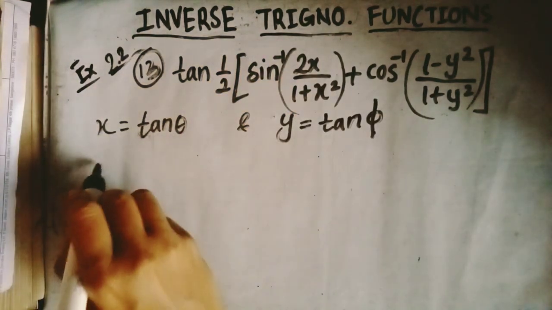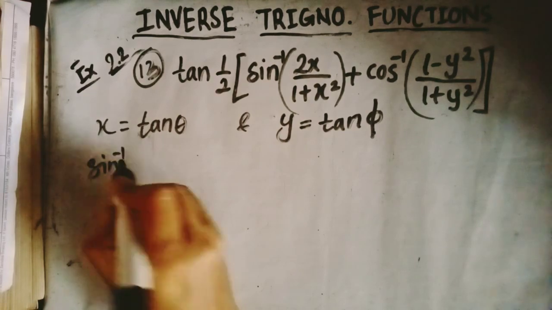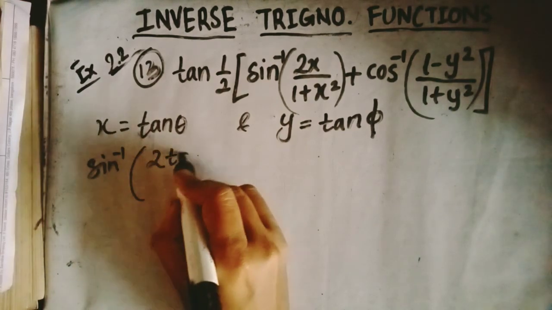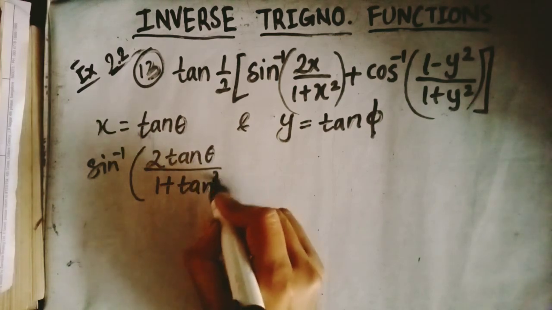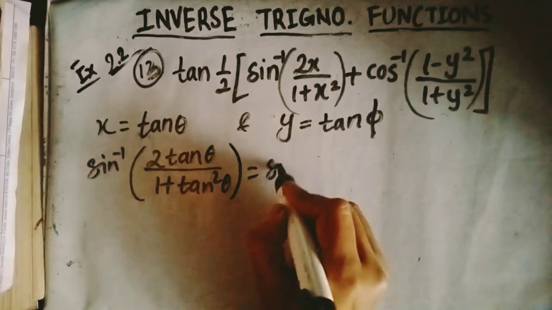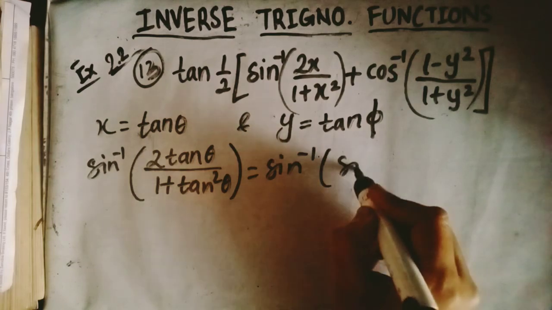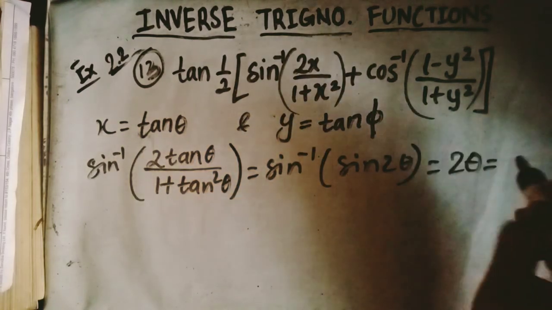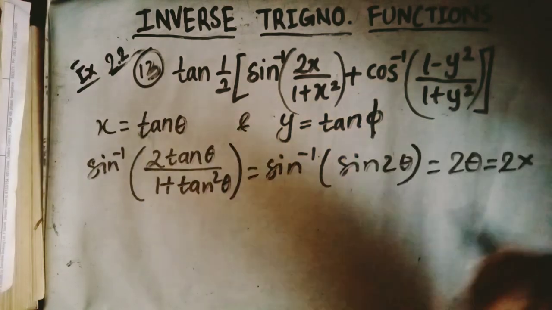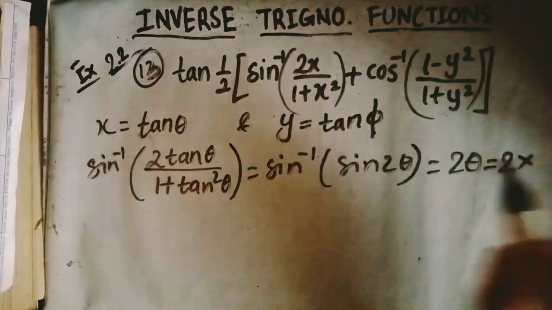So you will get sine inverse of 2 tan theta upon 1 plus tan square theta, which is nothing but sin 2 theta. So our final answer is 2 theta. So theta is tan inverse of x.